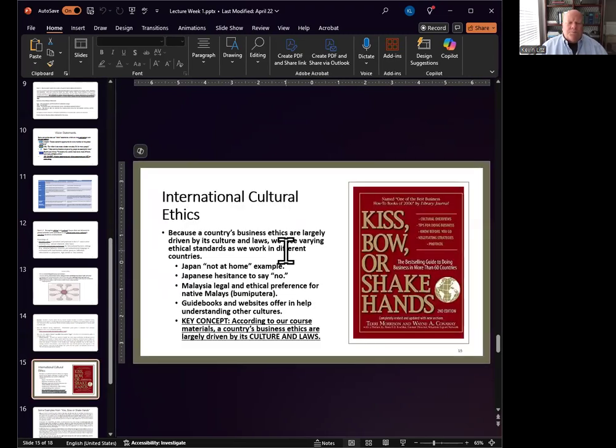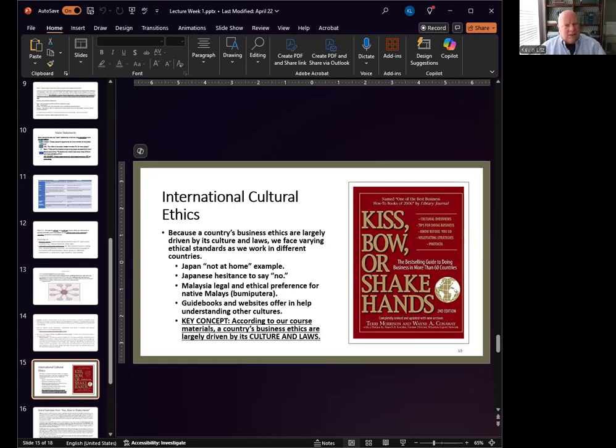There's a lot of different resources that you can find online. This is an online resource I've used whenever I go into a new country. I'll look at this or two, three other places and find out some of the cultural differences. I lived in Japan for a while during college, and for example, you'd go to visit a friend, and their wife would say they're not at home, even though they were standing right behind them.